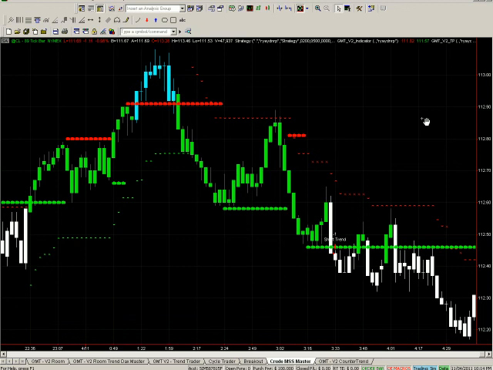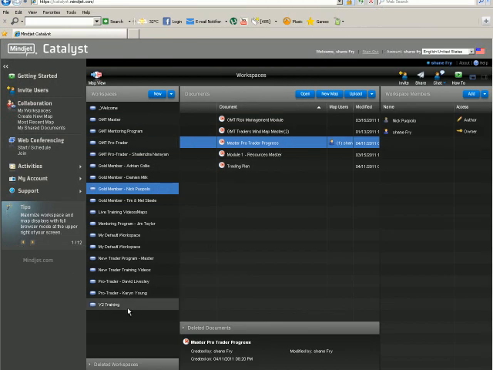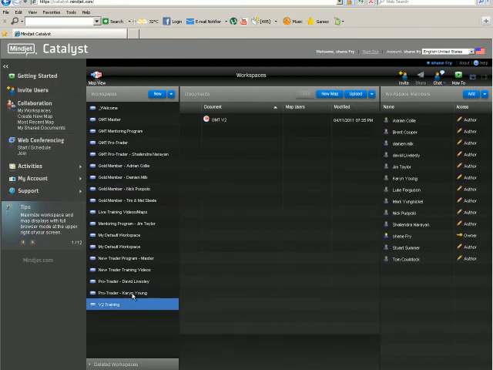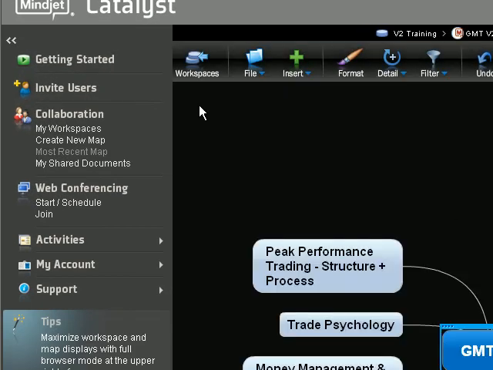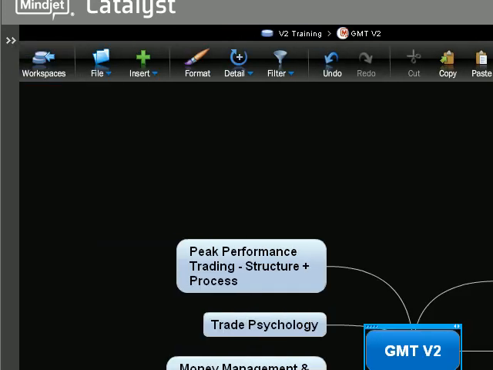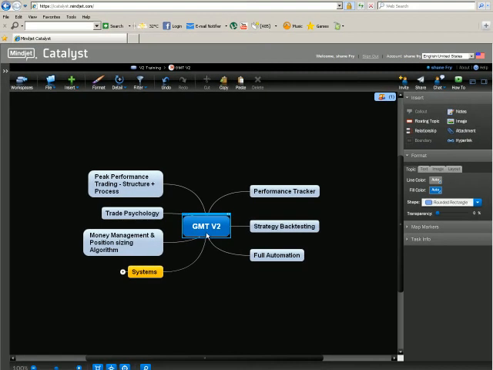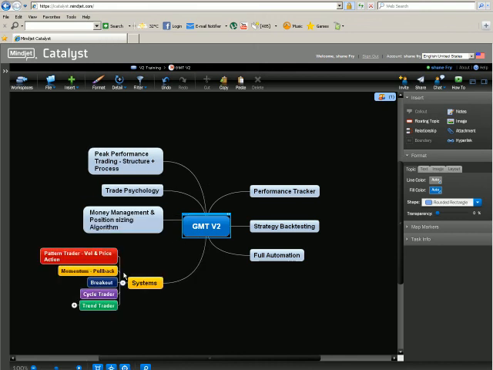So basically, this is really one of about 5 different strategies. If I go to MindJet and go into the V2 training, just to explain it and give you a little bit of an overview, the V2 is utilizing volume, price, and the size of the trade to work its edge.